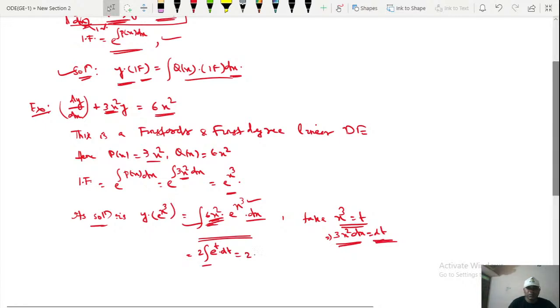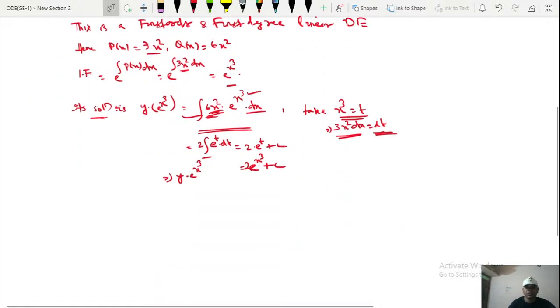The integration of e to the power t is e to the power t, then plus c. So 2 times e to the power t means 2 times e to the power x cube plus c. So y into e to the power x cube equals this, or you can divide by e to the power x cube on both sides.